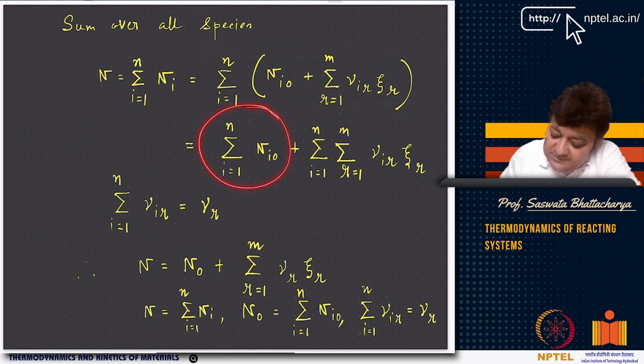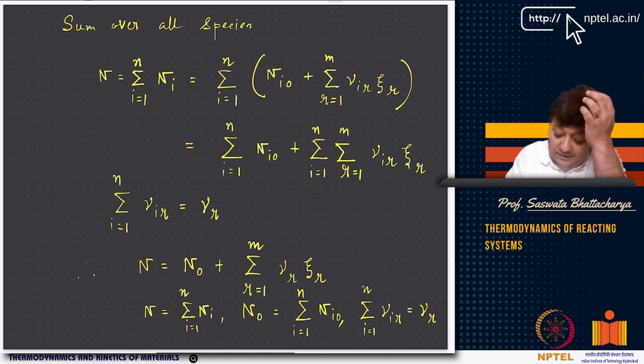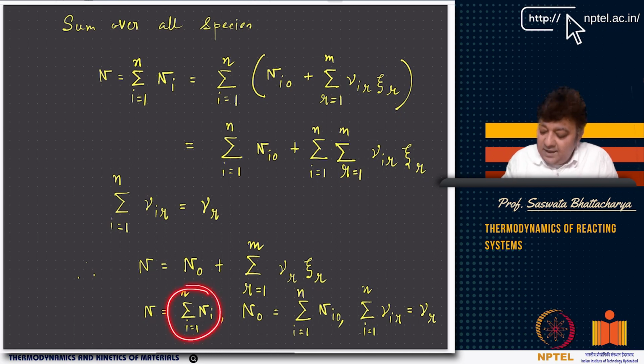This is the sum over i equal to 1 to n of ni0, and the sum over i of nu_ir psi_r, a double summation: a sum over the species and a sum over the reactions, right? And the sum over i equal to 1 to n of nu_ir is nothing but nu r. So n is n0 plus the sum over r equal to 1 to m of nu_r psi_r, where n0 is the summation over all species at the initial state, and the summation over all species of nu_ir gives you nu r, the stoichiometric coefficient for reaction r.